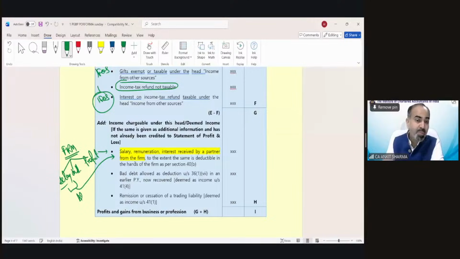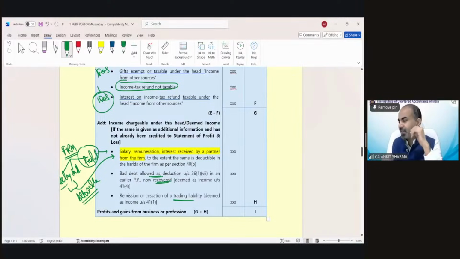The allowable portion of salary and interest needs to be included under my PGBP head, and profit is going to be exempted. So that cannot be part of my income. Bad debts, if recovered, would be part of PGBP income, and so on. Remission or cessation of any trading liability needs to be included under my PGBP head.